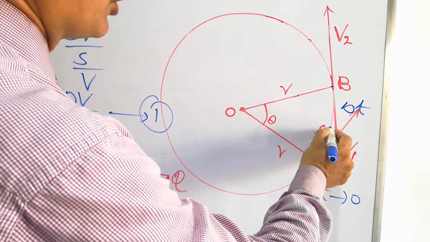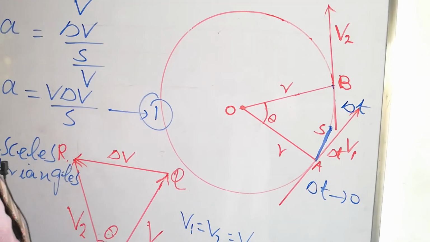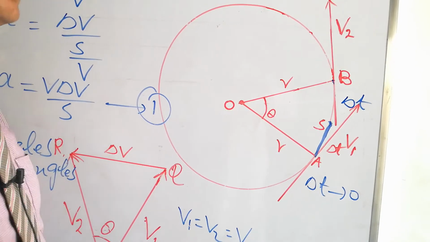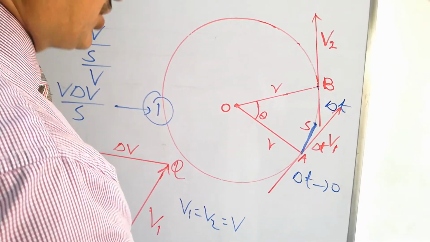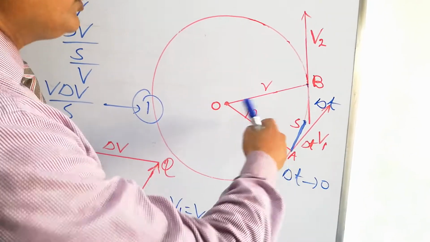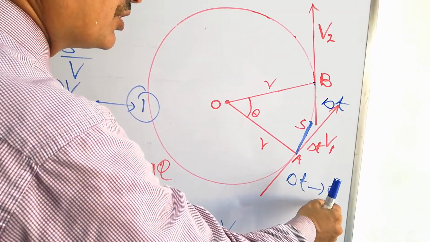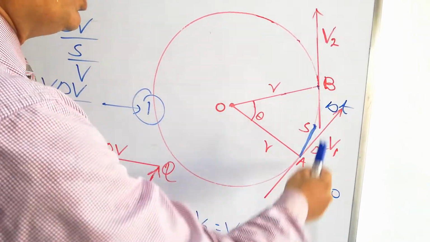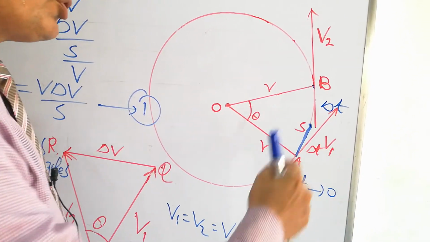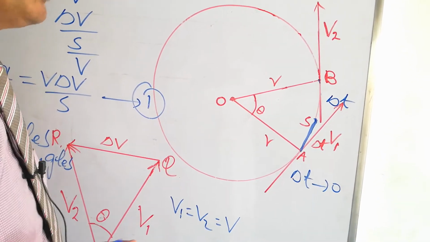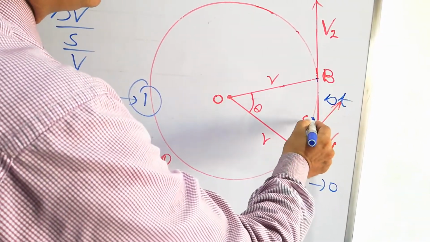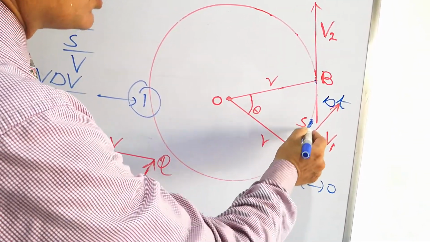So that's a very important point I'm discussing, because in case of a triangle, the three sides should be straight lines. How can we make it a straight line, because it's a curved path? By just reducing the time from A to B. Delta t approaches 0, I mean its time is very small, then it becomes a straight line.